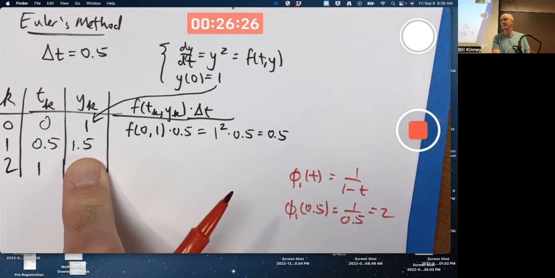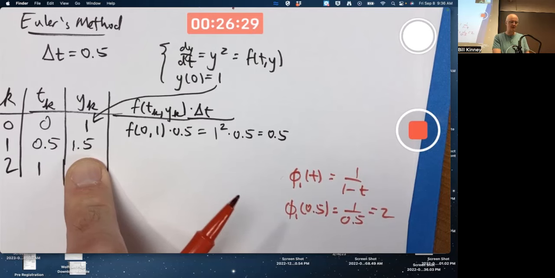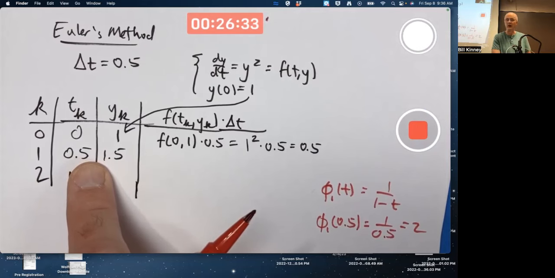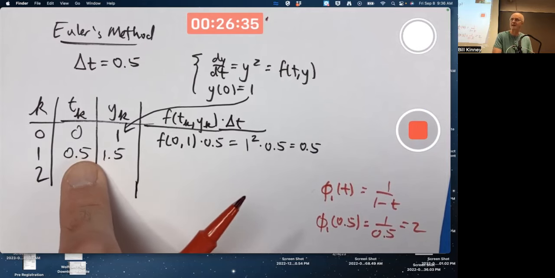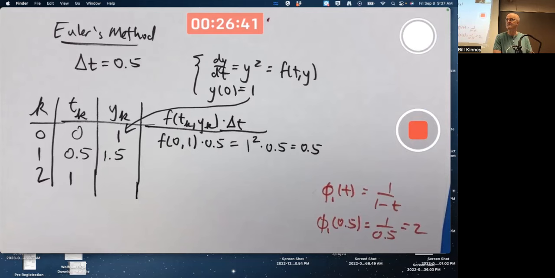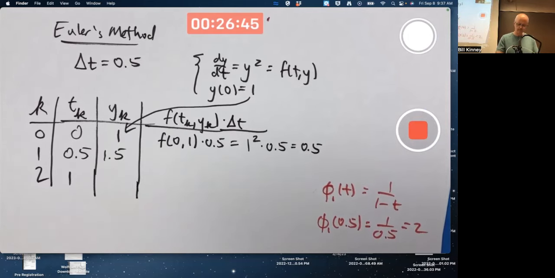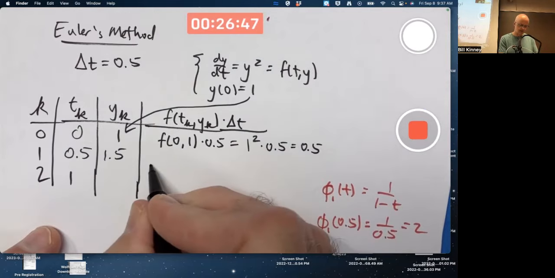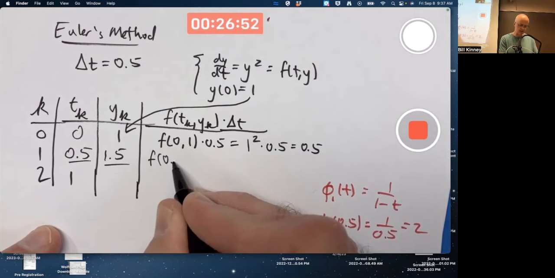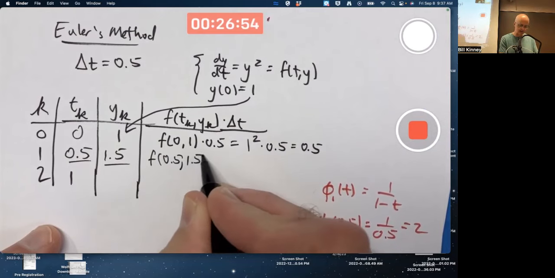If we use a smaller value of delta t, we can get better approximations, though. For example, if we use delta t as 0.1, we'd be getting a better approximation at 0.1 in the first step, and after 5 steps, a better approximation at 0.5. For the next step, we need to plug in these t and y values, but again, only the y value matters.